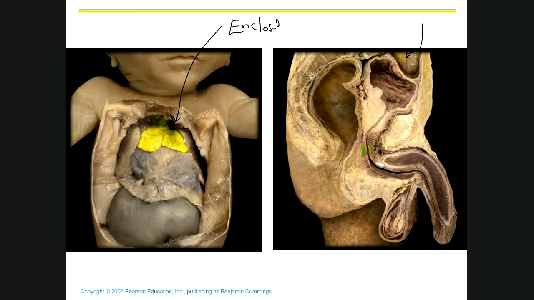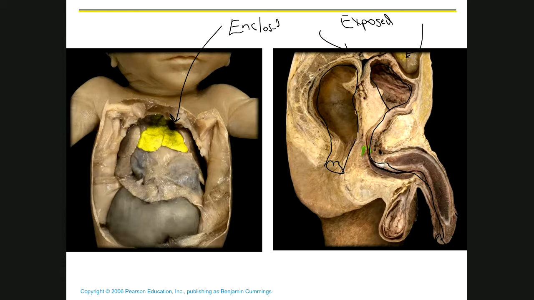But there are also cavities like this, which do have an opening to the outside. Look, there's an opening here. This right here is a cavity, but it has an opening. If you go all the way to here, it has an opening to the outside. And so those are not enclosed, those are exposed.